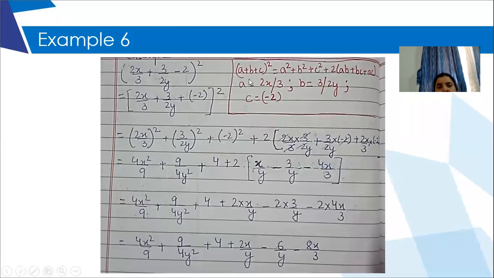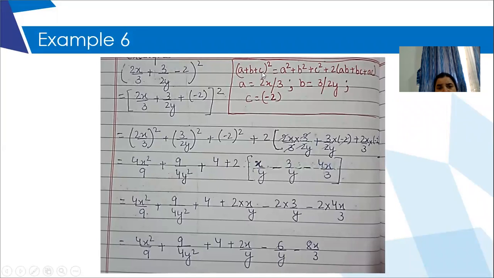So now if you try to put this into this, your 2x by 3 will take the place of A, plus sign is plus sign, 3 by 2y will take the place of B, again plus sign will go and sit on plus sign, and minus 2 will go and sit on C, and square will go and sit on square. So now I have written the replacement also. A will be replaced by 2x by 3, B with 3 upon 2y, and C will be minus 2.